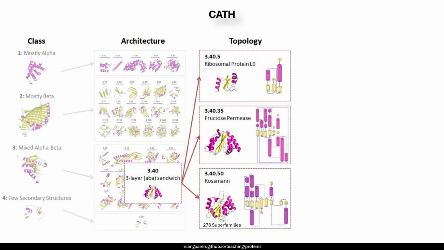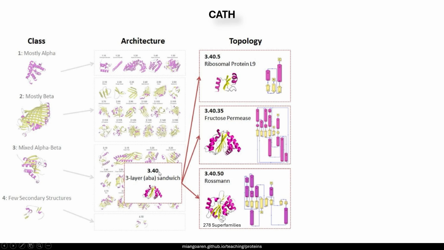Here we can see an example of how some proteins are organized in CATH. For example, we have what their classes are, which in this case would be mainly alpha, mainly beta, or combinations of alpha-beta, or few structured regions. So in this case, let's say that we are interested in proteins that have combinations between alpha and beta. And within them, we now have a second index. In this case, it is index number 3.